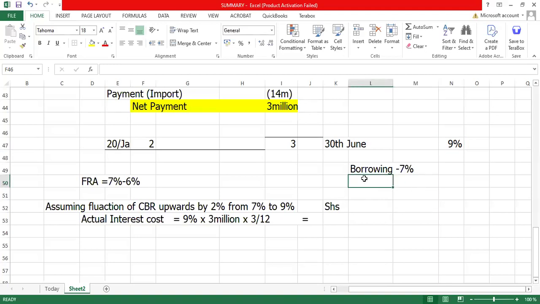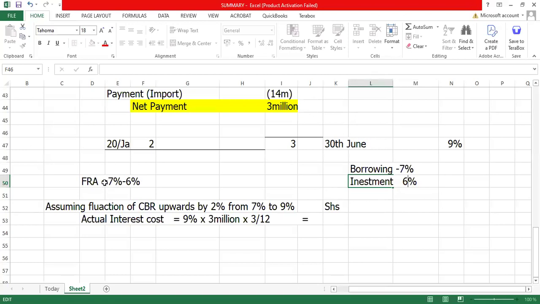Assume it's an investment at 6%. Here in the question they gave you 7% and 6%, and it's up to you to know which one is correct.